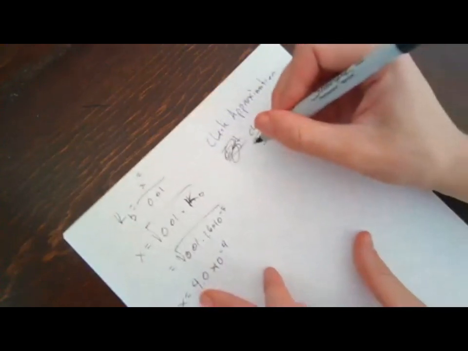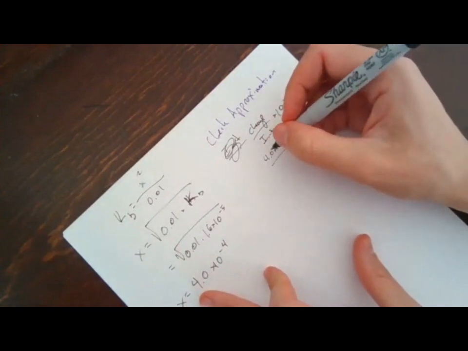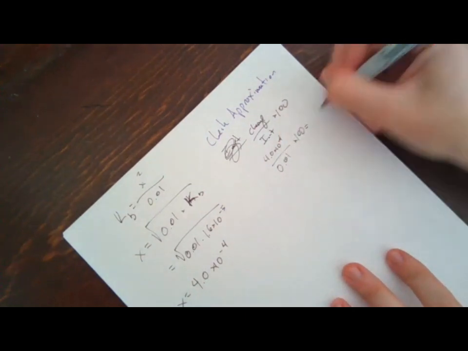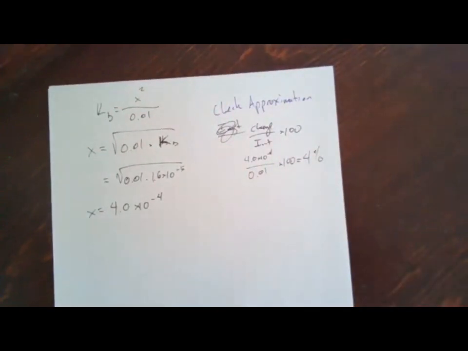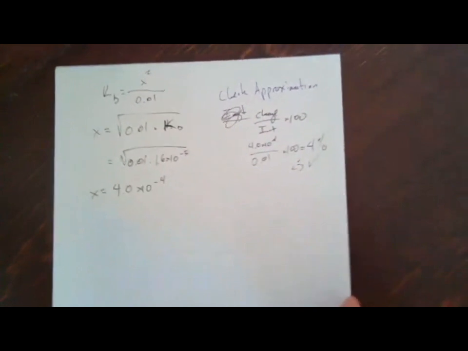The change is the x value, so 4.0 times 10 to the negative 4th divided by the initial, 0.01, times 100. That's 4%. So in this case, we are close to this not working, but less than 5 means the approximation is valid.